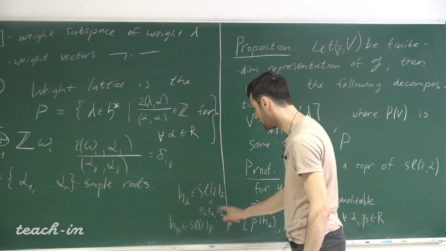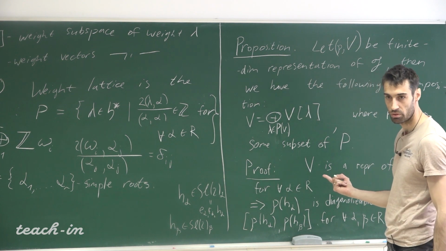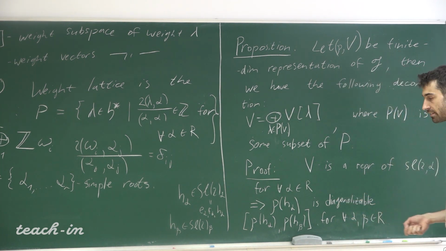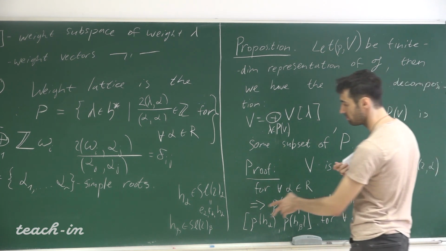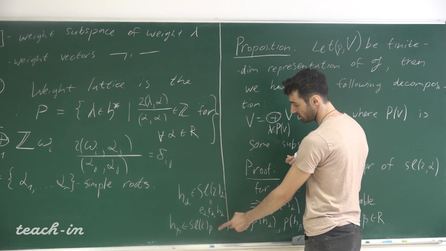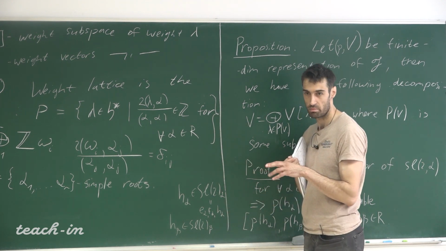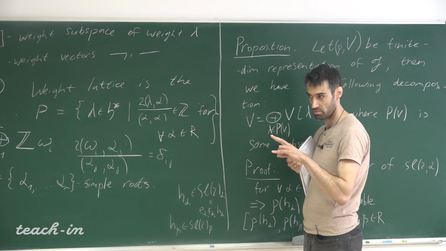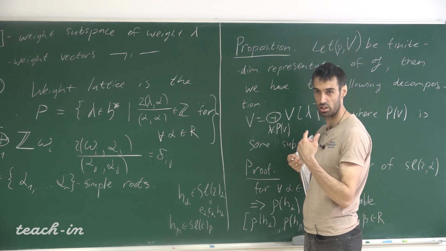But for each root, V is still a representation of it. Is V a direct sum of various SL2 representations? No, it's not a direct sum, because the sum of these SL2s inside G might not be direct.